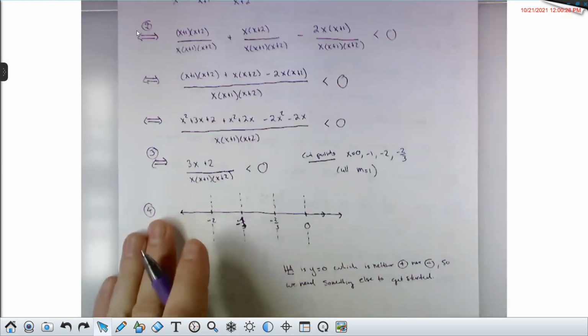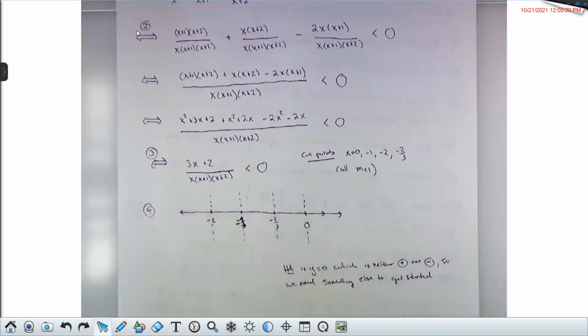So to get started filling out our signs, I need something other than the horizontal asymptote. Another thing that I often like to use is the y-intercept, but unfortunately, this factor makes the whole thing undefined when x is 0. So this doesn't have a y-intercept either. So what do we do? We got to test a point.